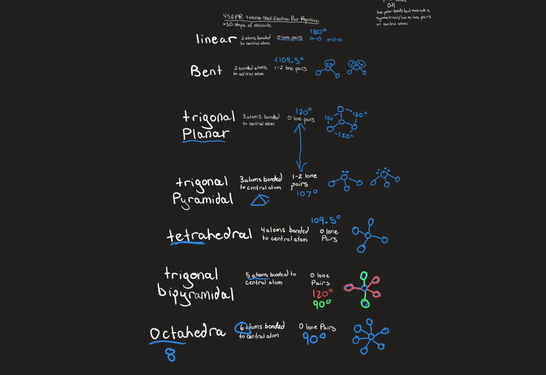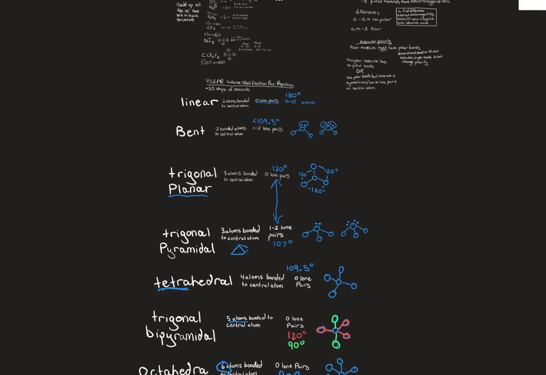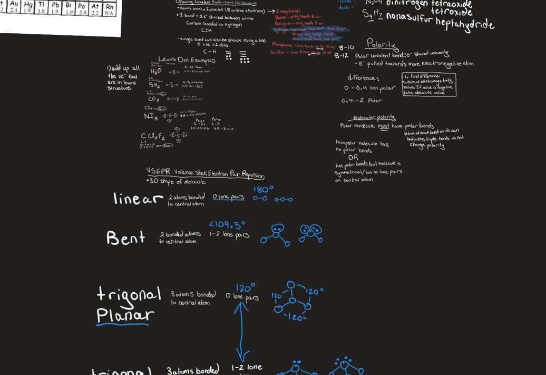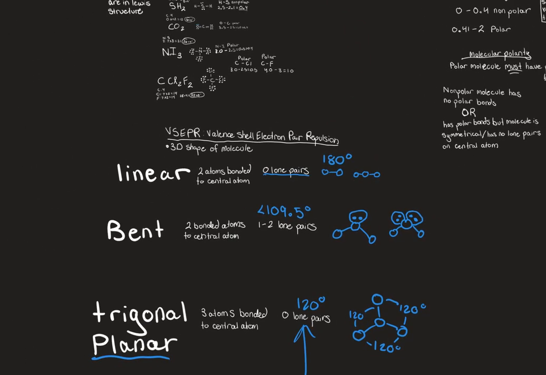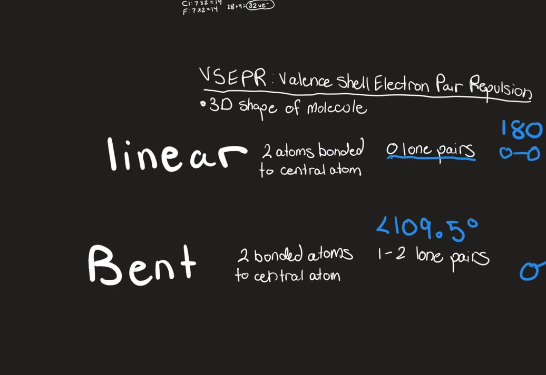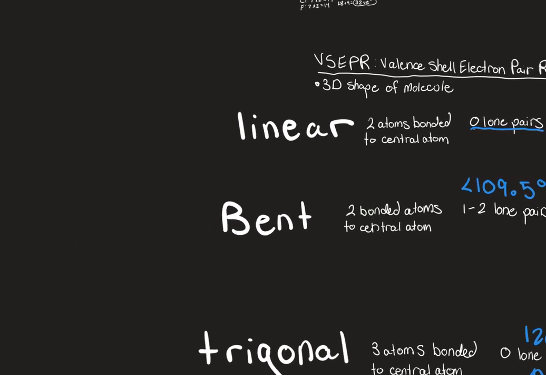So the reason why I went through VSEPR before going through molecular polarity is that some of these shapes can actually determine whether the molecule is polar or nonpolar. So linear, because a linear is straight, this is actually perfectly symmetrical.